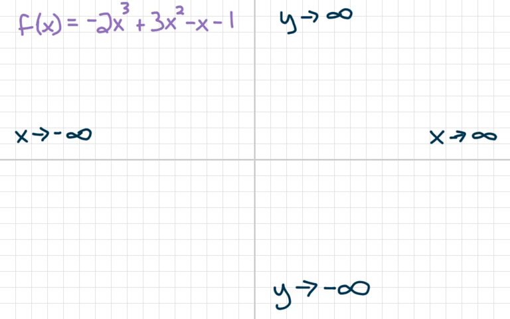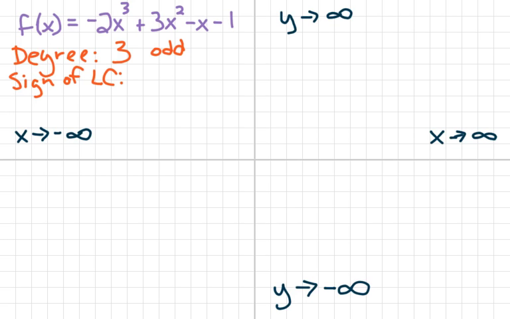Alright, let's look at an equation example. Remember, when we're given an equation, we have to look at the degree. What is my degree for this equation? It is a 3, which is an odd number. So that tells me that my end behavior is going to be going in opposite directions. Then the sign of my leading coefficient, which I am going to abbreviate LC.